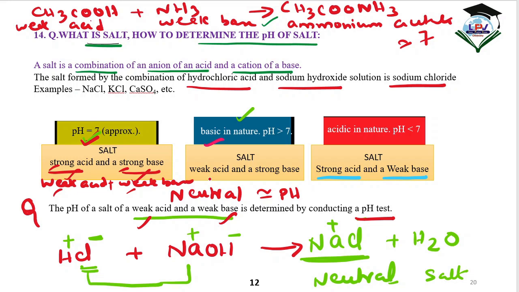And if it is a weak acid, then you know that the OH minus dominates, so it is a basic one. Whereas if you take a strong acid and a weak base, the H plus dominates, so it is an acidic one. So you will be able to prepare all the four kinds of salts, mixing the acid and base.